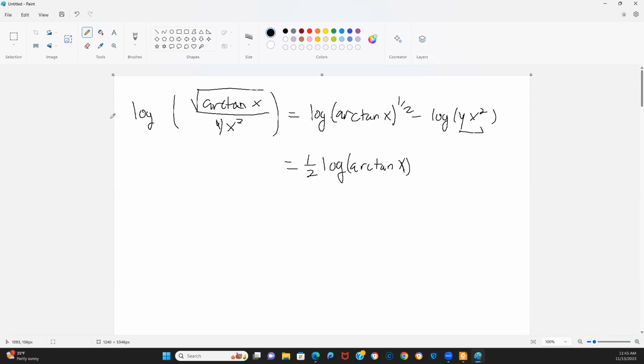Now this is a product, so it becomes a sum, but don't forget there's this negative in the front that you have to distribute over the sum. So it's going to be negative log of y minus, since there's a square power here, 2 log of x. I guess the answer is A, which is exactly what we got.